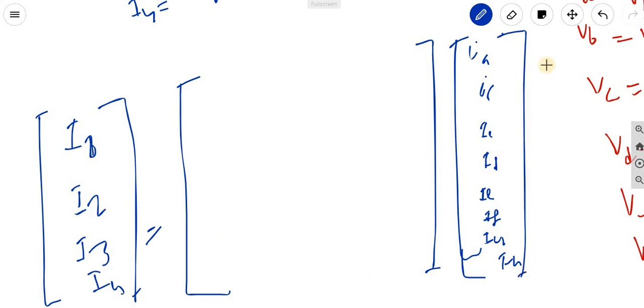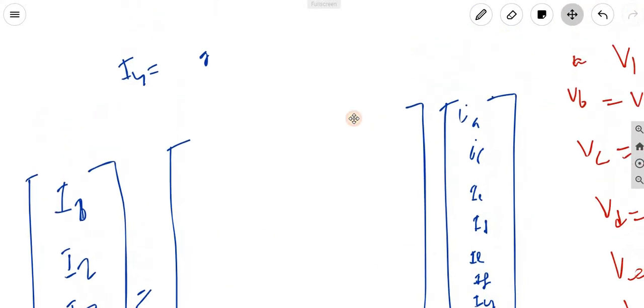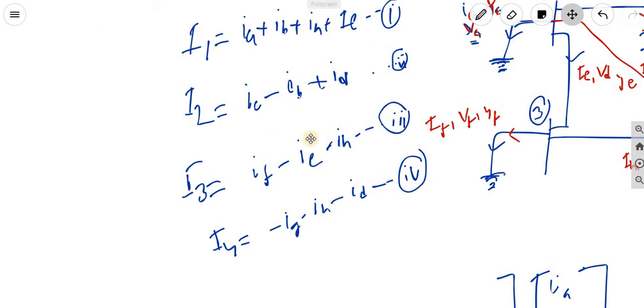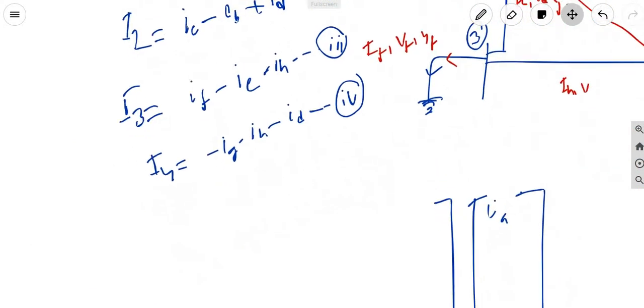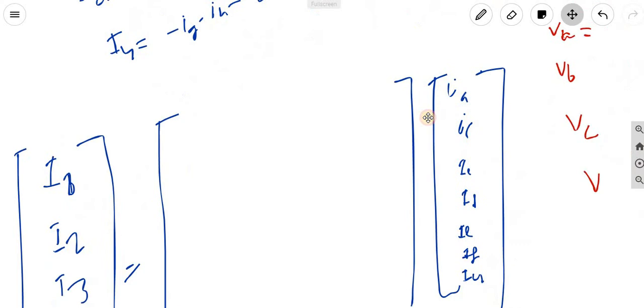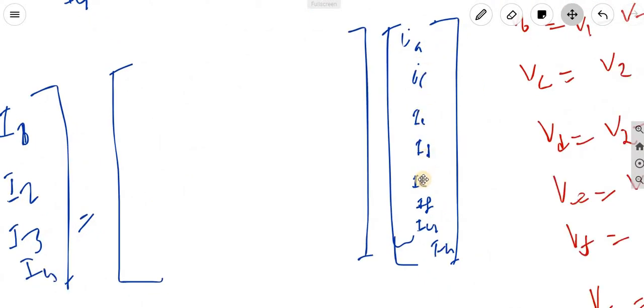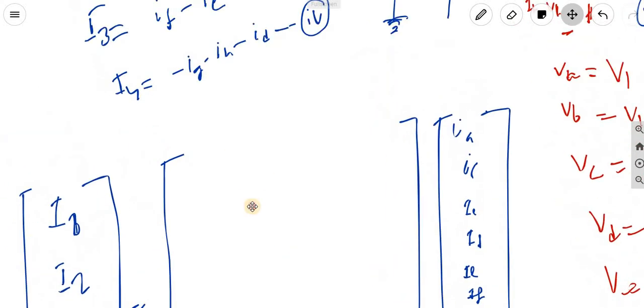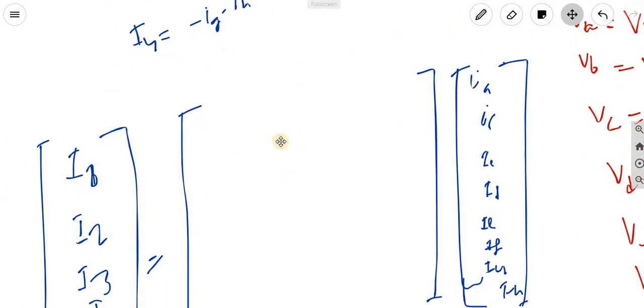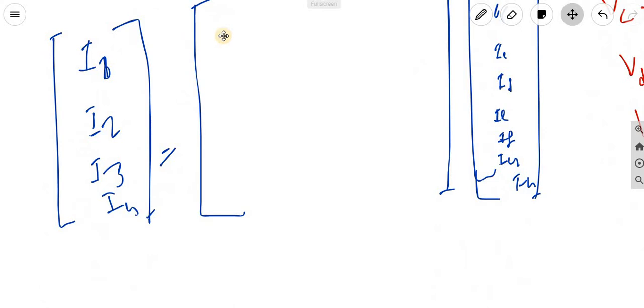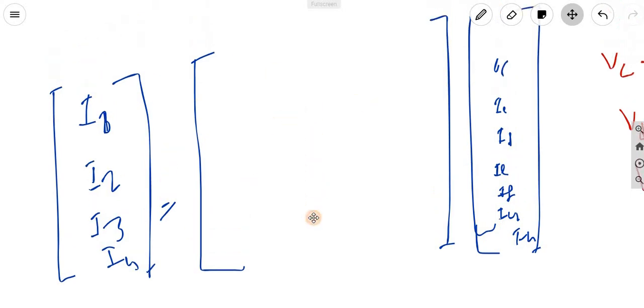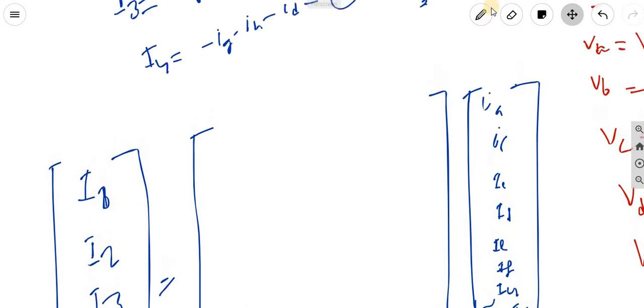Okay, so here there would be 1, 2, 3, 4, 5, 6, 7, 8. What would be the dimension of this matrix? The 4 by 8. Okay, 4 by 8.